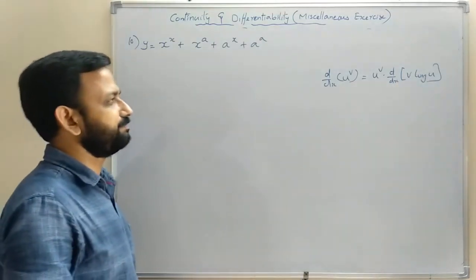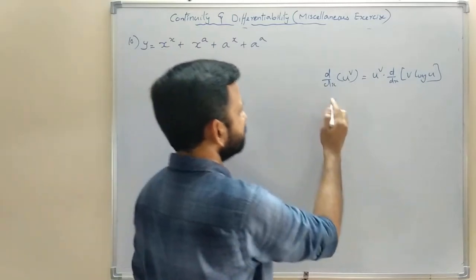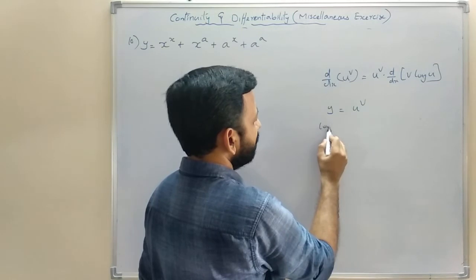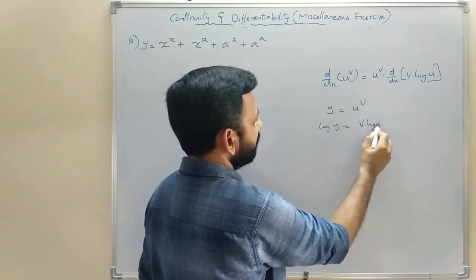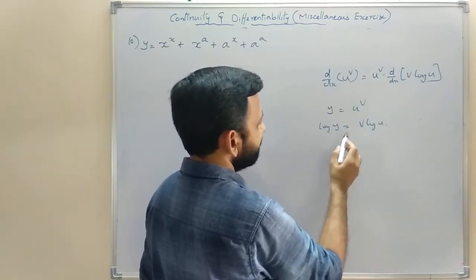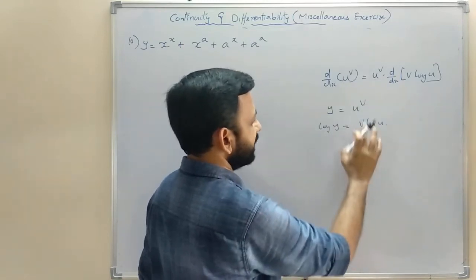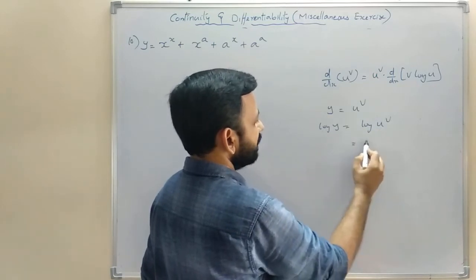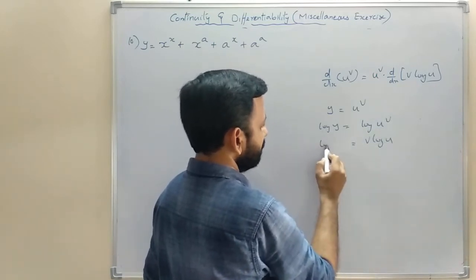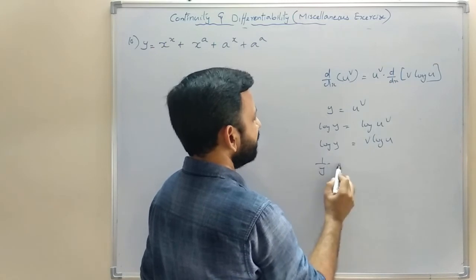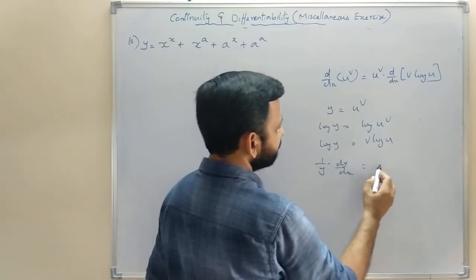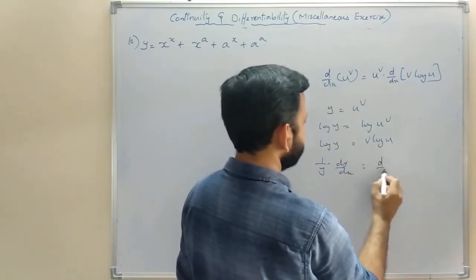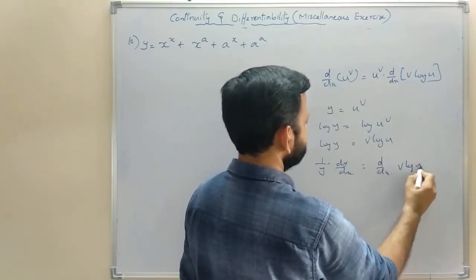So that is the formula. d by dx of u raised to v: y is equal to u raised to v, then log y is equal to v log u. Therefore 1 upon y into dy by dx is equal to d by dx of v log u.